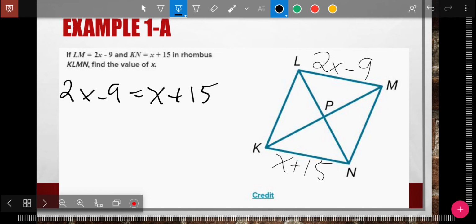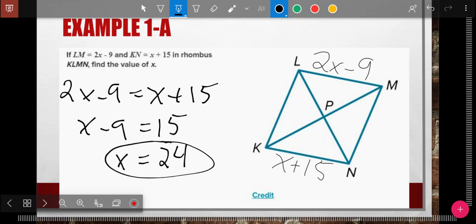I subtract the 1x from both sides, I add the 9 to both sides, and then I ask myself, am I done there or do I have another step? It's not asking you to plug it back in. It's just asking you to find the value of x, and so you are done there.